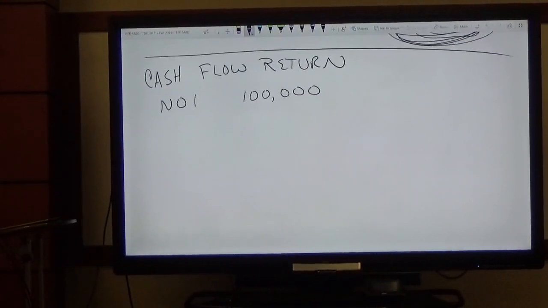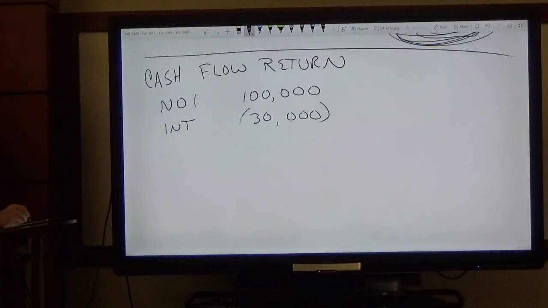Right? And we've got interest expense of, let's say, $30,000. Okay? And that's in essence going to give us $70,000 in sort of taxable income. All right.